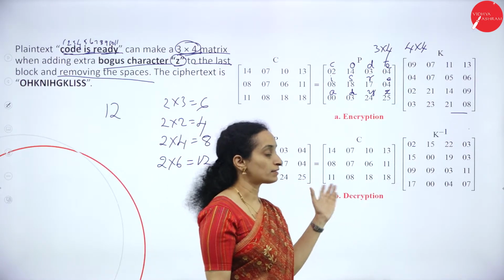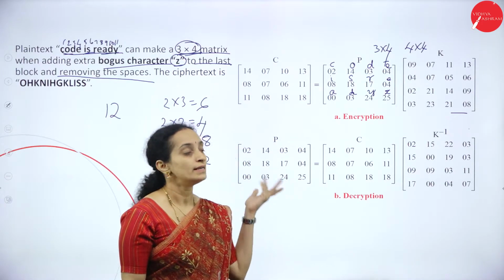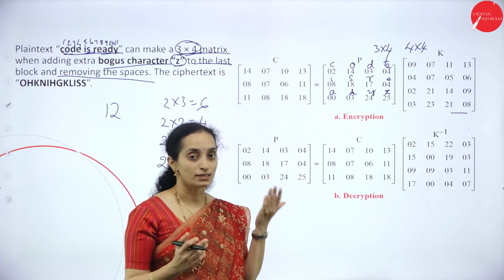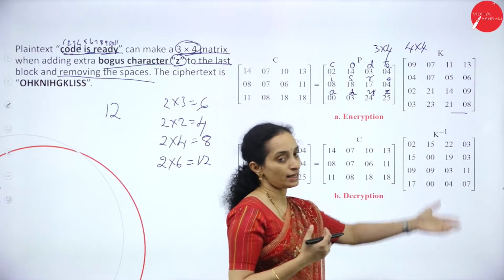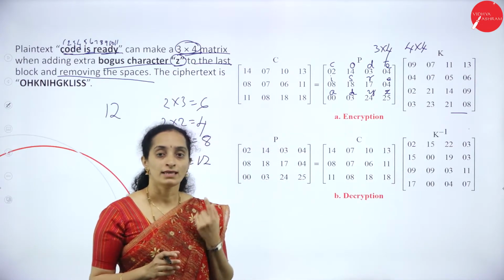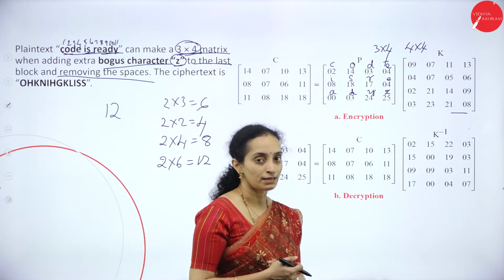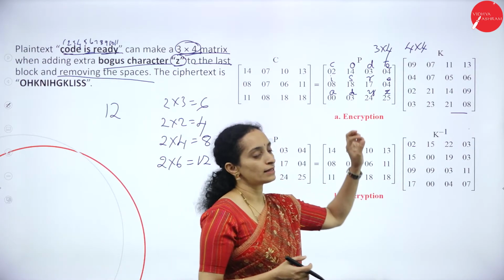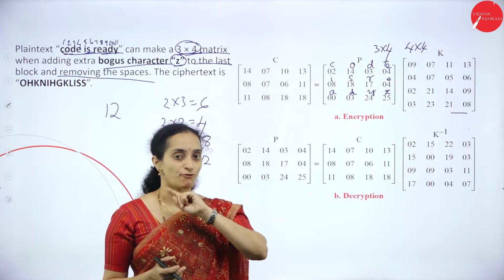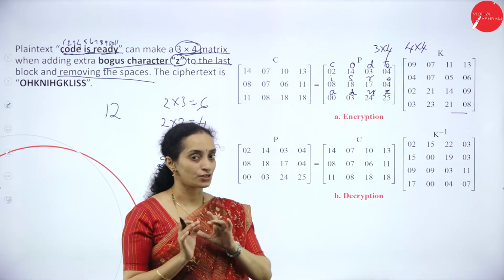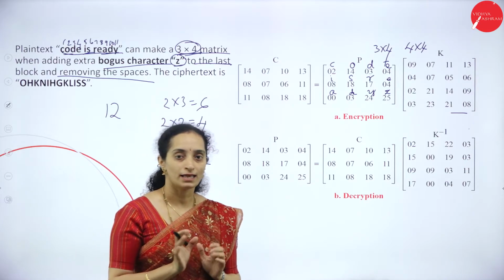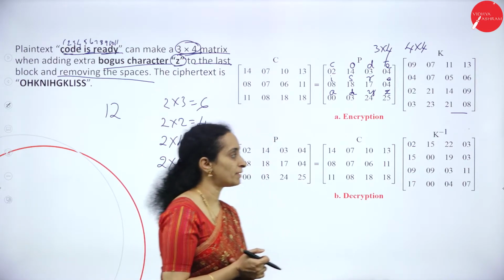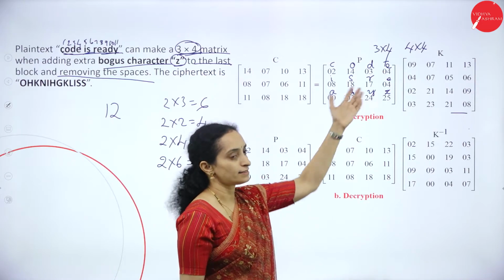Otherwise, Bob, the receiver, will not be able to decrypt the message if the entire matrix doesn't have even a single multiplicative inverse. By considering a minimum of one multiplicative inverse, you can ensure that decryption will be possible in the Hill cipher method. Alright, now we have this set.